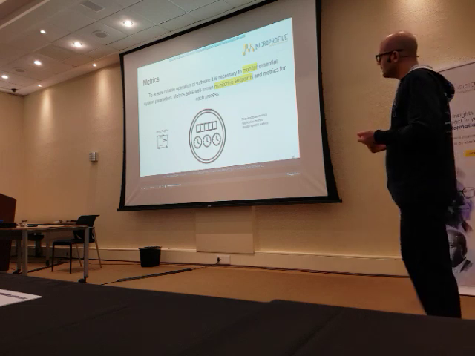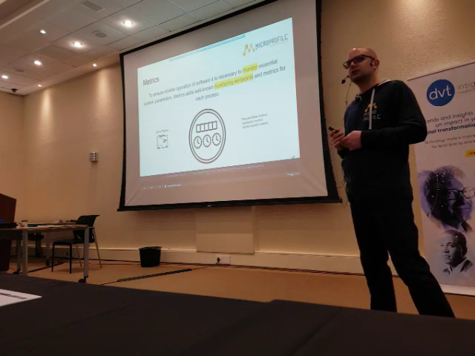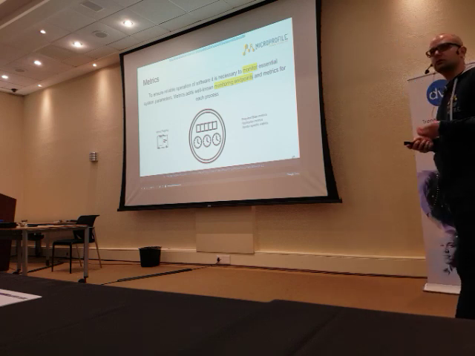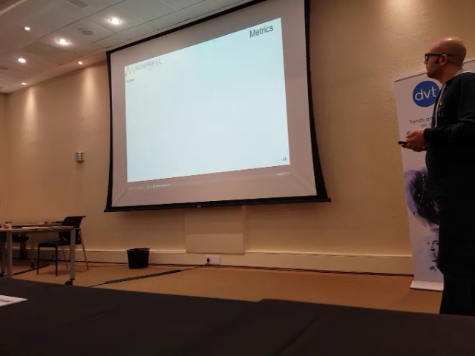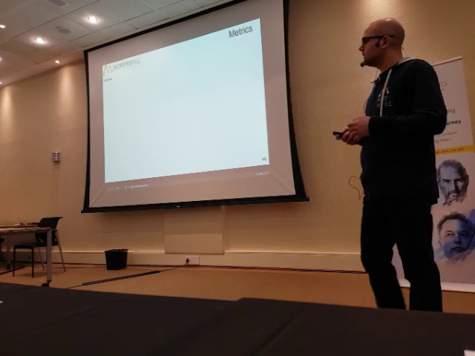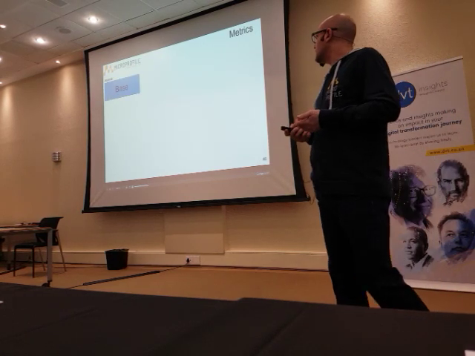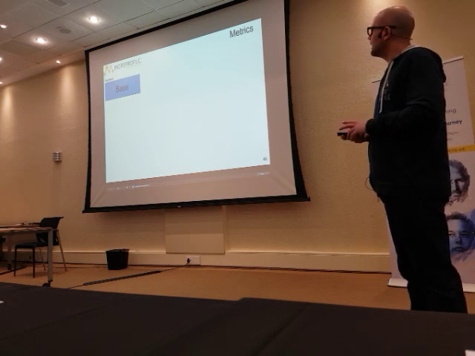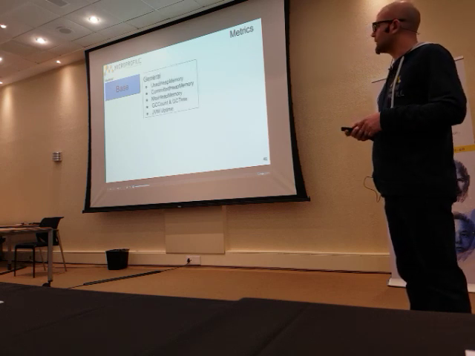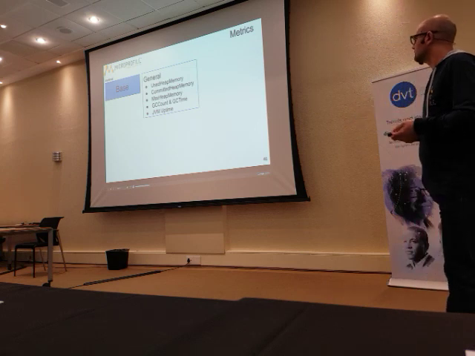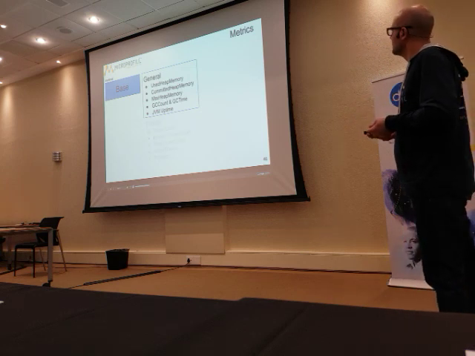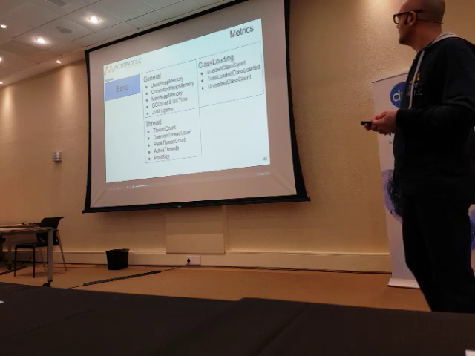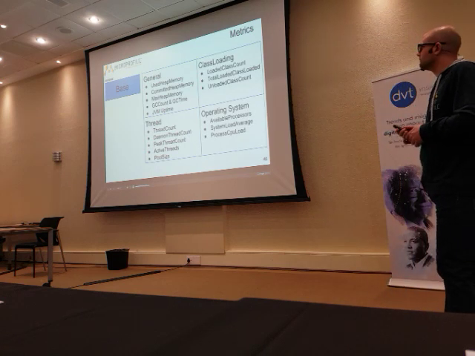So like we said earlier, it's important that your system creates metrics so that you can monitor it better. The metrics API defines 3 types of metrics: base metrics, which all implementations have to implement, and this will give you all the normal stuff like the memory, the garbage collection count, threads, all the thread stuff, class loading, and information about the operating system.